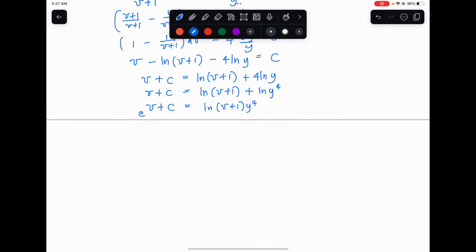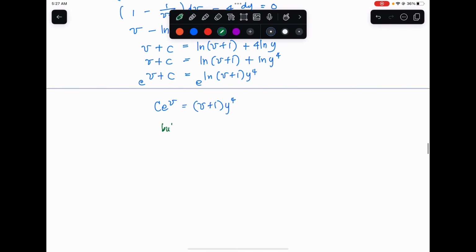And we exponentiate both sides, so this is the same as c e raised to v is equal to, this is e raised to v times e raised to c. So e raised to c, it's still c, so that makes it c e raised to v. And then this would be v plus 1, then y raised to 4. But we made an assumption that x is equal to vy.